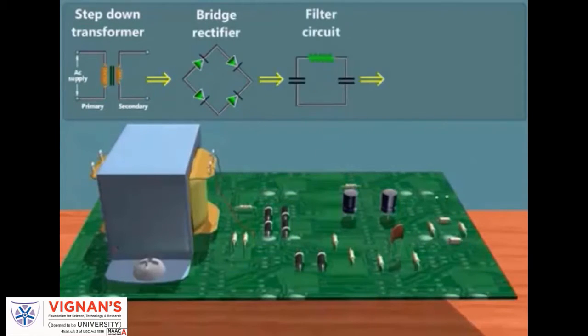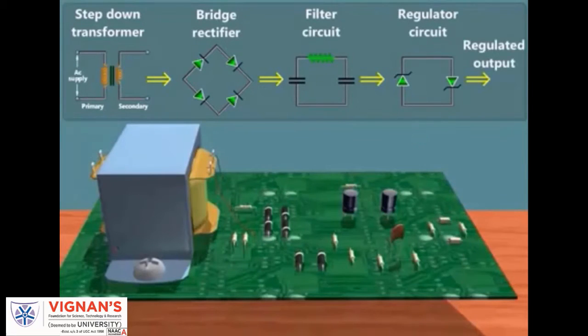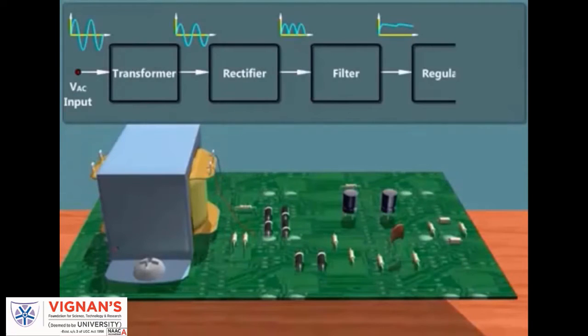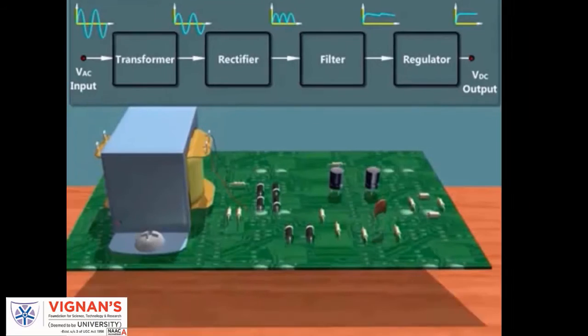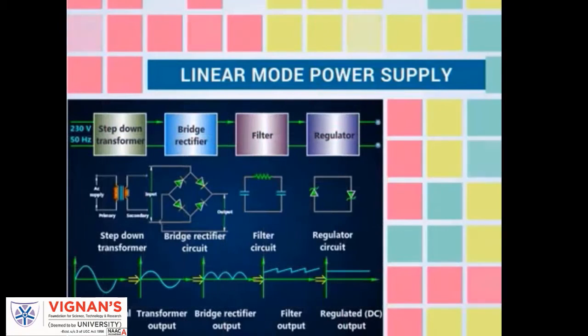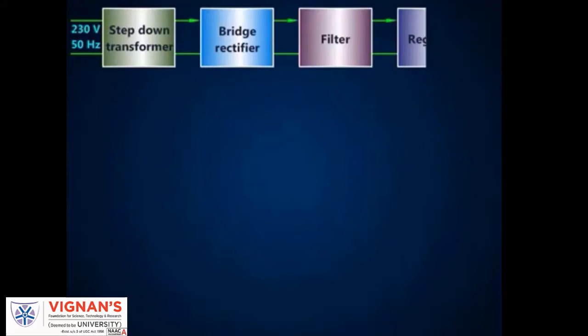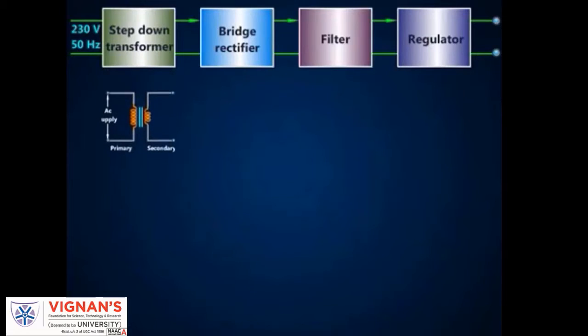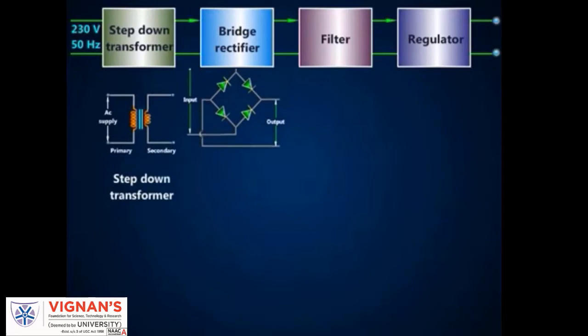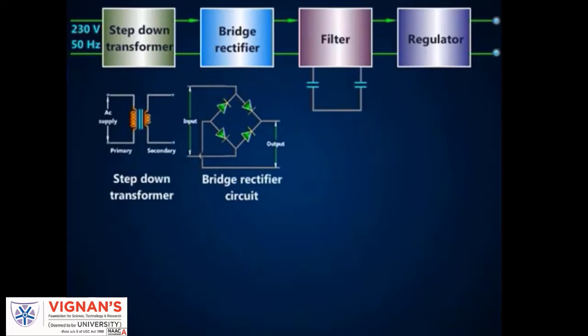The step down transformer will step down the voltage given to the transformer, and the rectifier will rectify the AC input voltage to an output DC voltage, and the filter removes the ripples existing in it, and the regulator circuit will regulate the perfect DC output.